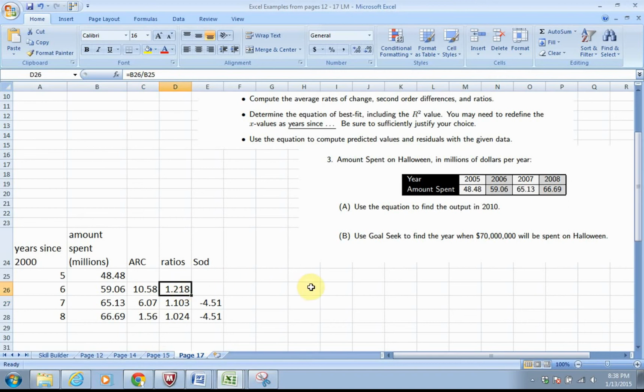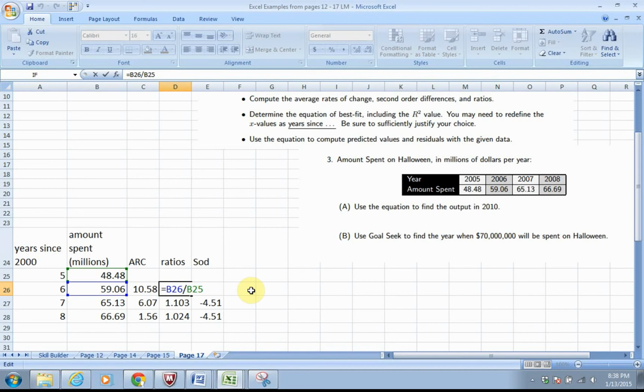Ratios is another application that you might remember from a previous math course. And again, what you want to think about with ratios is that that first cell in the column again is going to be blank. So when I double click on my formula cell here, you can see that for ratios it's really just the second y value divided by the first y value.